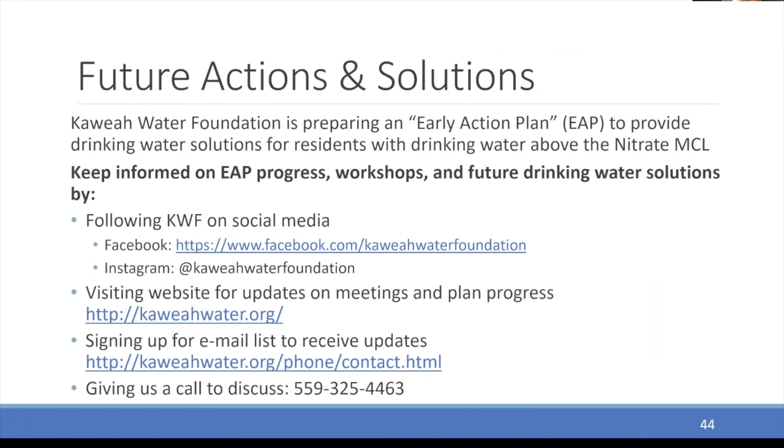So this early action plan is still in progress. We plan to have a draft available for review in mid-February, and we'll be continuing to work with local residents, interested parties, and impacted users as we work through these short and long-term solutions.